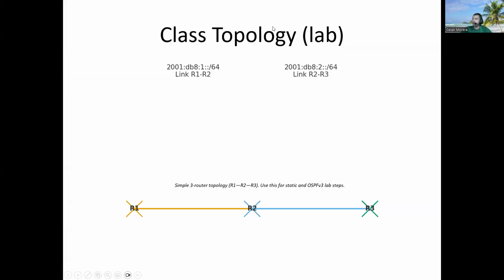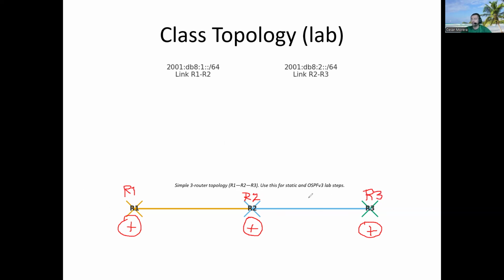Next thing, imagine you have a router over here, another router over here, and another router over here. Usually the boxes are for switches, so we have the circles for the routers. So we have router 1 over here, router 2 over there, and then router 3.